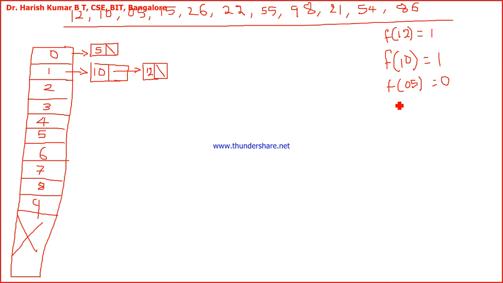Next I take 15. F of 15 is giving you 1, and again this should also go into the linked list of the subfile with the key value 1. Now I take this 15, I keep comparing. I compare first with 10. 15 is greater than 10. So I travel to the next node and compare with 12. So 15 is also greater than 12.